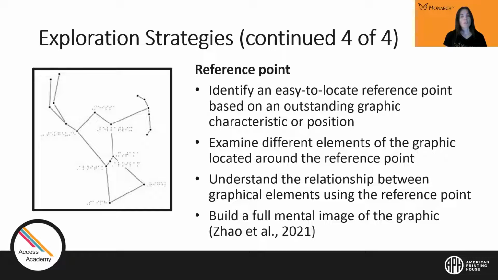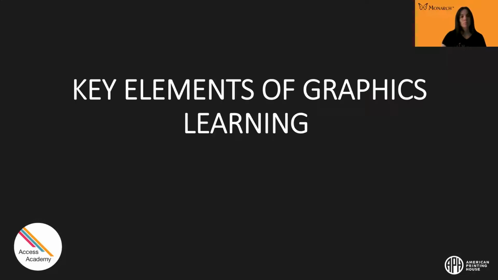If you do this, then you can understand the relationship between the graphical elements using the reference point and build a full mental image of the graphic. Now, students might use all four of these strategies in a graphic, or they might only use one, or they might use a combination of them. It depends on the demands of the graphic and how complicated it is, and they should be able to choose the best one or the best series of strategies.